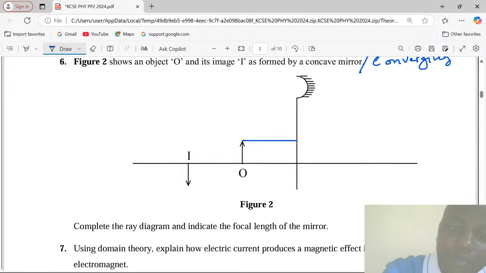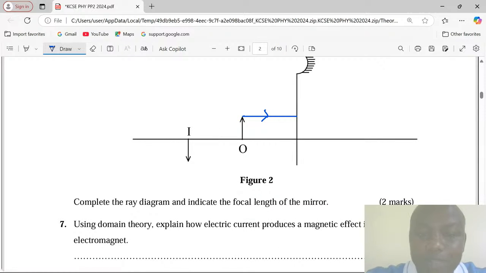This one is usually reflected through the F. But now that we don't have the F, but we have the tip of the image, as it passes through F, it will connect with the tip of the image. Therefore, through the tip of the image, we will have our implied F.